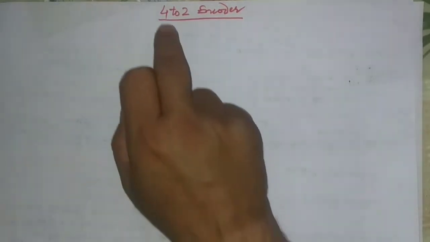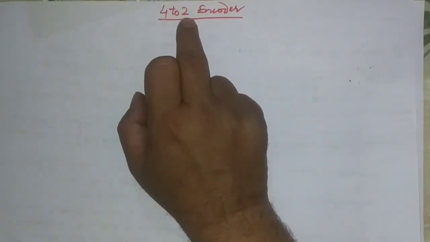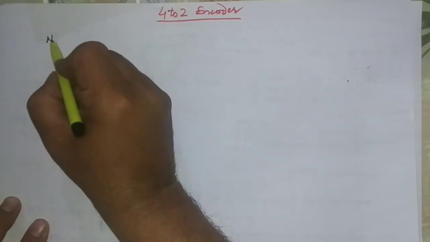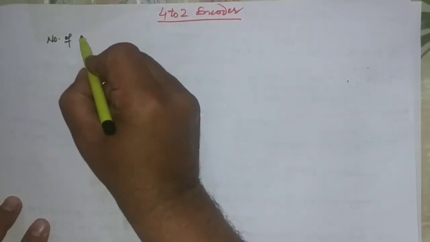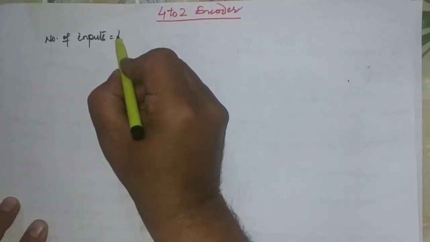In the last lecture, we discussed the basics of encoders, wherein we saw that an encoder is a digital circuit in which we can have 2 raised to power n number of inputs and n number of outputs. So based upon this, here the number of inputs is equal to 4.